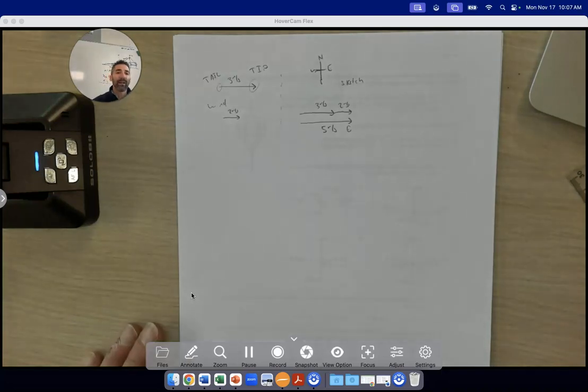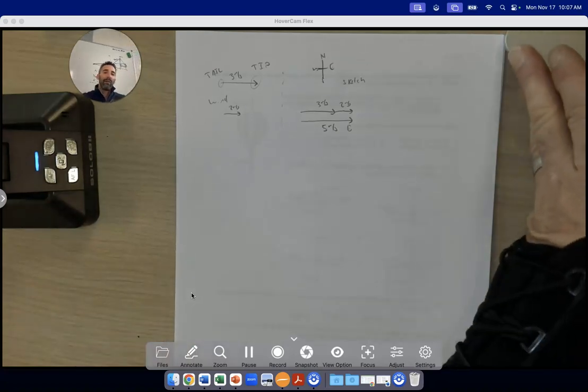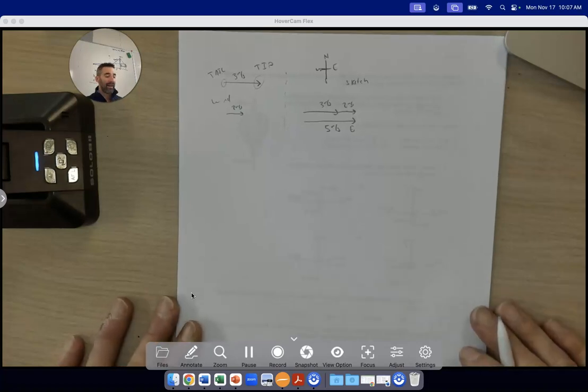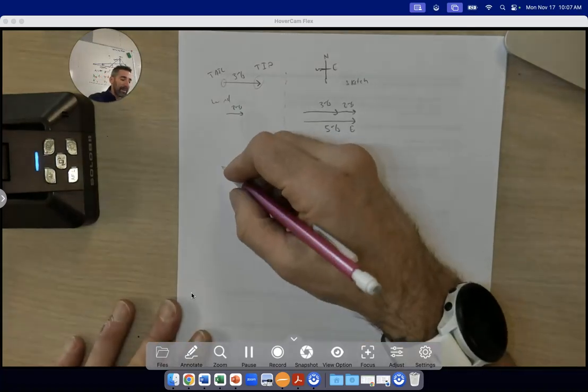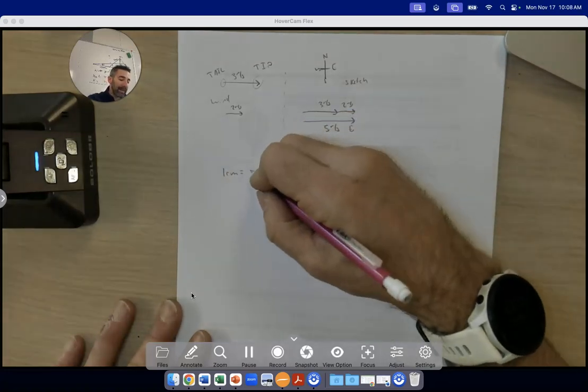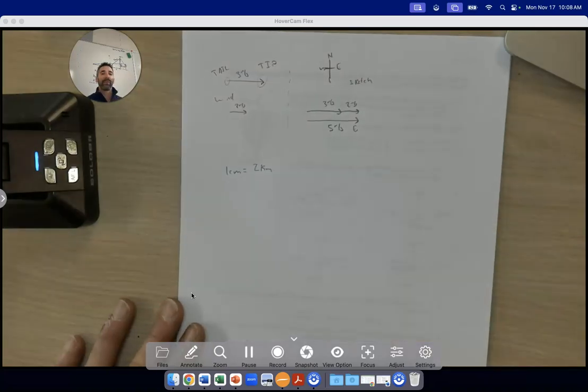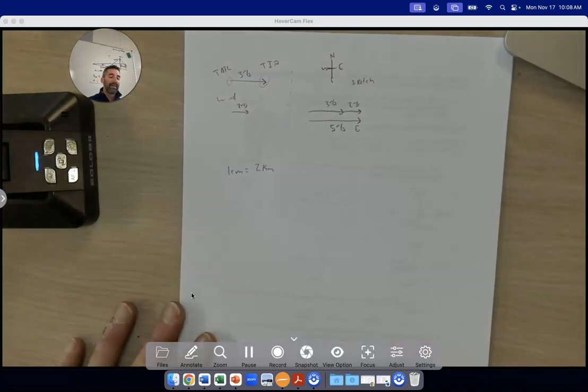Now a scale diagram means I'm going to use the centimeter side of my ruler, and I'm going to say that our scale would be 1 centimeter equals 2 kilometers. So this would be, say, for our displacement.